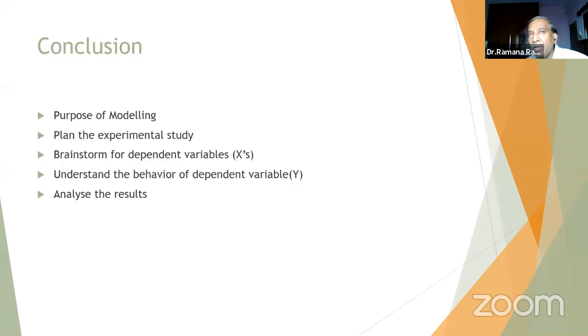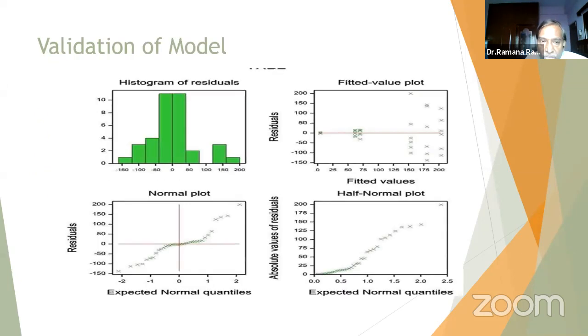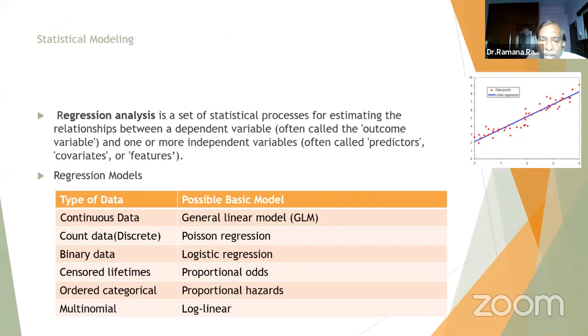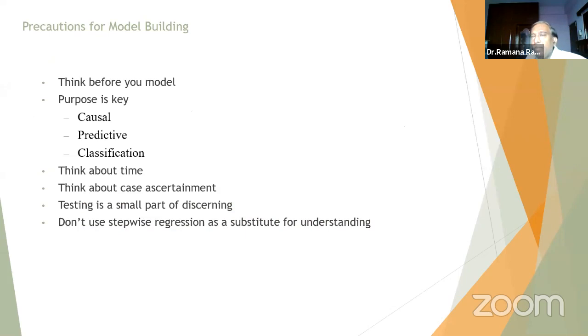For example, a generalized linear model will give a continuous data outcome, so it will be fractions, 1.5, 2.4 like that. But if you see the logistic regression, it will give the probability of the outcome, meaning the probability of my module being rejected.